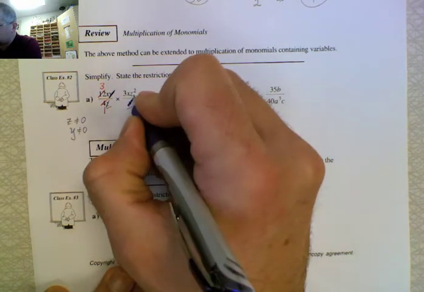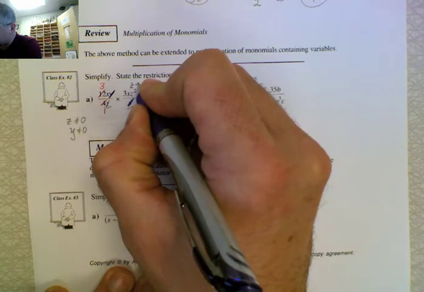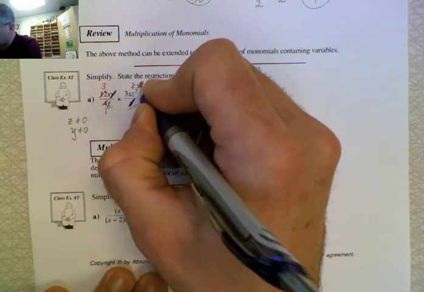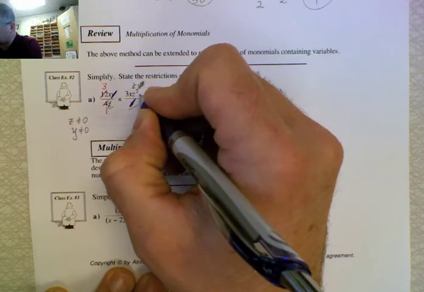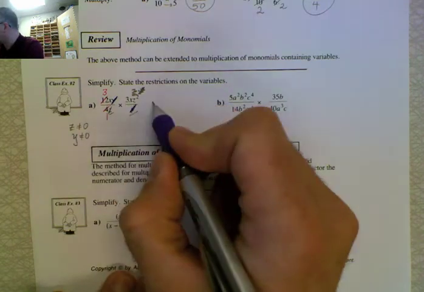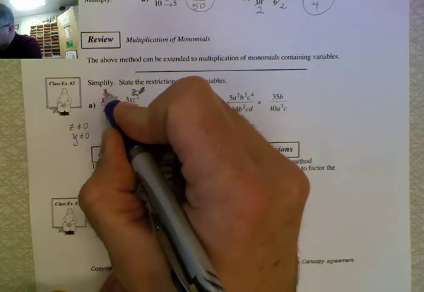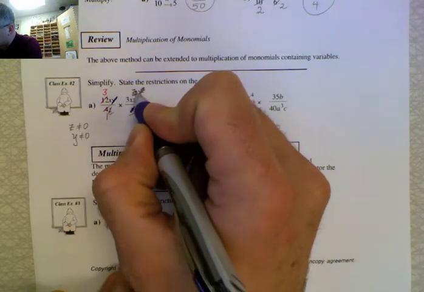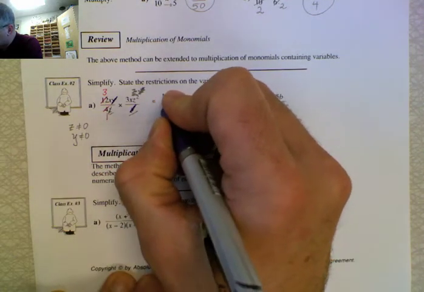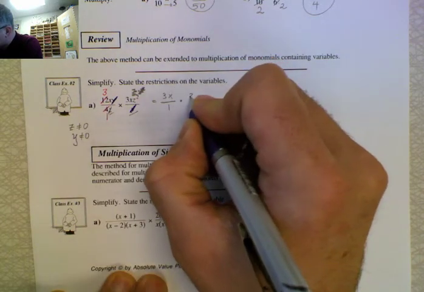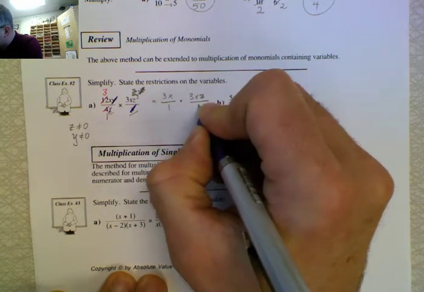This z squared, remember, is like saying z times z. Well, this one z cancels out one of the z's in the numerator, so you're left with a single z. So if I look at what's left in the numerator, I have 3x times 3xz. Some people like to write that out. I've got 3x over 1 times 3xz over 1.